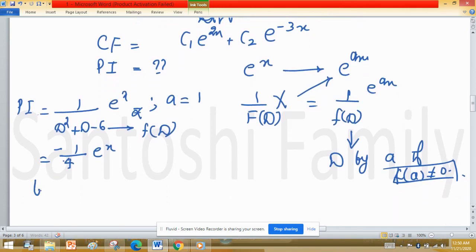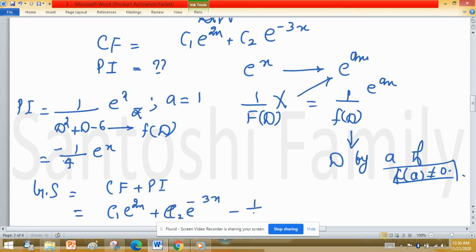Then its general solution will be CF plus PI, and this equals c1 e raised to the power 2x plus c2 e raised to the power −3x and minus 1 upon 4 e raised to the power x.